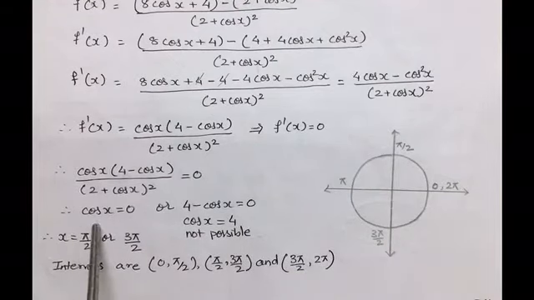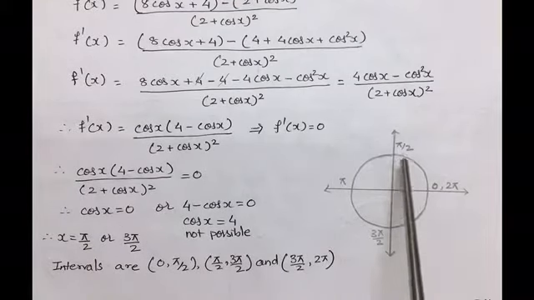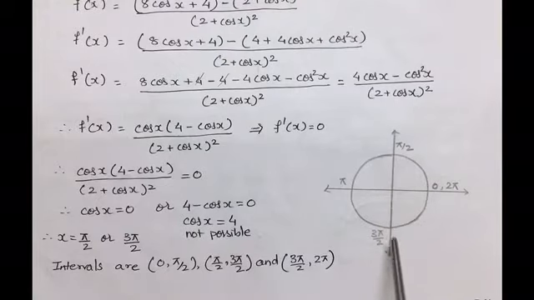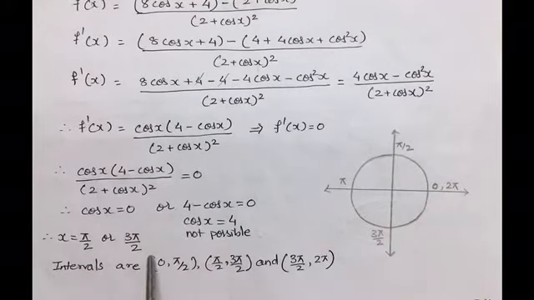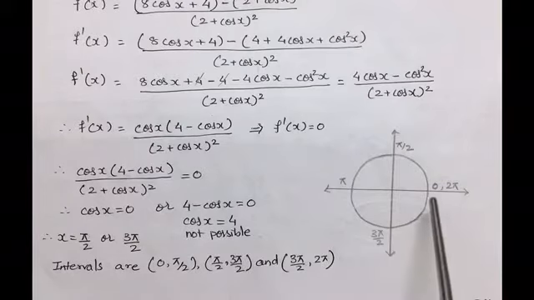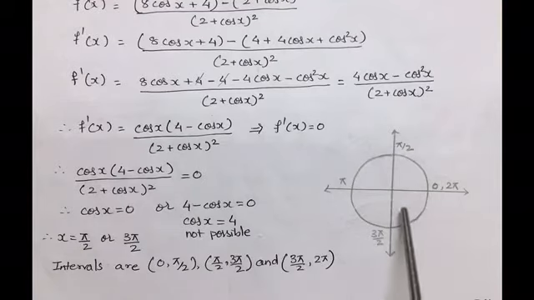Now cos x is equal to 0 means cos becomes 0 at 2 points, that is pi by 2 and 3 pi by 2. So x will be pi by 2 or 3 pi by 2. Taking up this unit circle, there will be a total of 3 intervals.